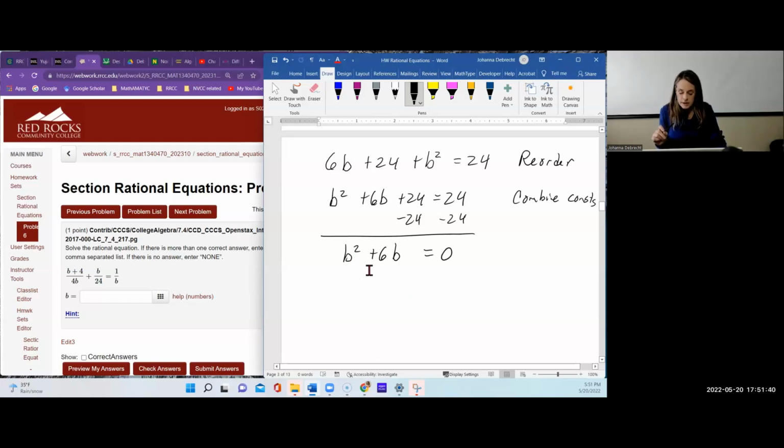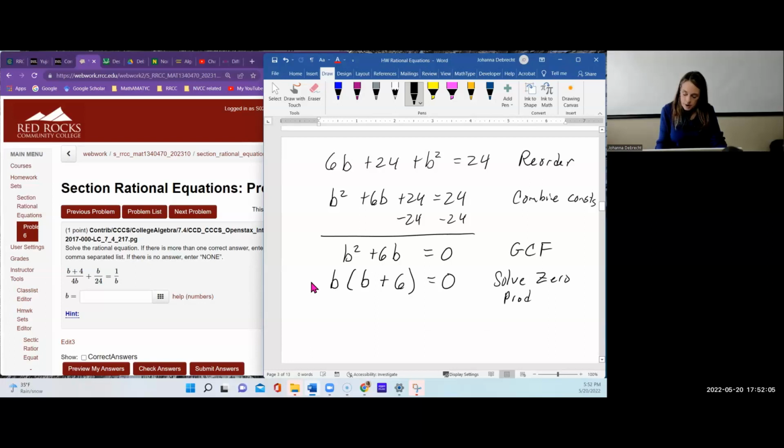I have one. I have a b in at least both terms. I'm going to take out the greatest common factor, which is b, by dividing it from each term. And that leaves behind the group factor b plus 6, and still equal to 0. Now I solve by using the zero product property.